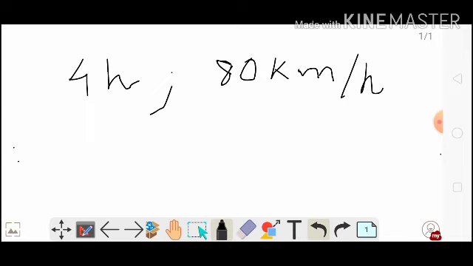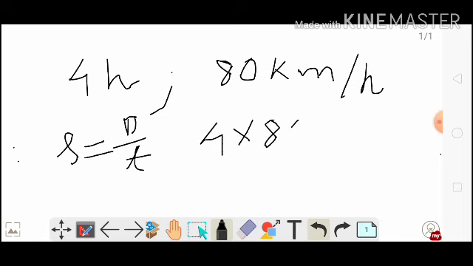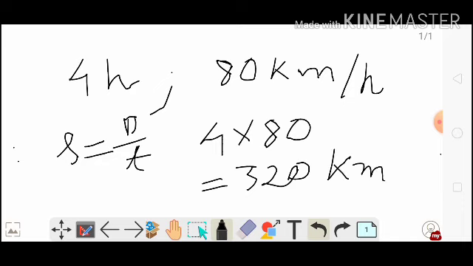As you know the formula, speed is equal to distance by time, so distance will be equal to speed into time. Just multiply the both and you will get 4 multiplied by 80, that makes it 320, and the unit is kilometer here. So the distance between Delhi and Chandigarh is 320 kilometer.